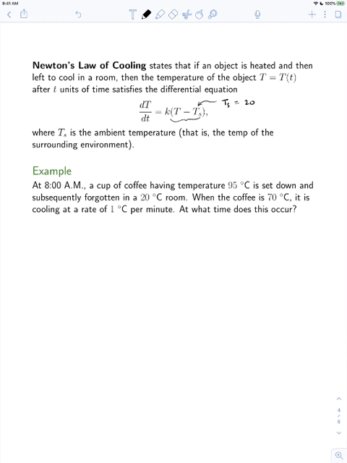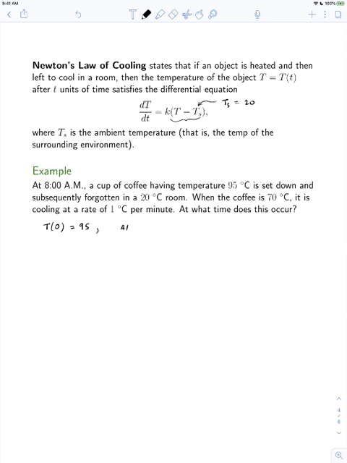What do we know? We know that the cup of coffee starts off with 95 degrees as its temperature. So that means the initial temperature is 95 degrees. The other thing that we know is that when the coffee is 70 degrees Celsius, it is cooling at a rate of 1 degree Celsius per minute.